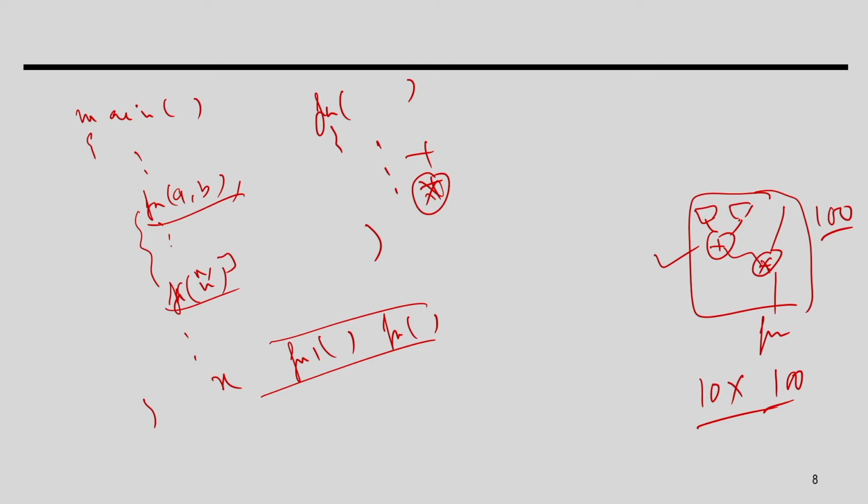The secondary objective is this. Even if I have a function that is called only one time, for simplicity, let us assume that, then it will definitely be a separate module. There is no question about that.